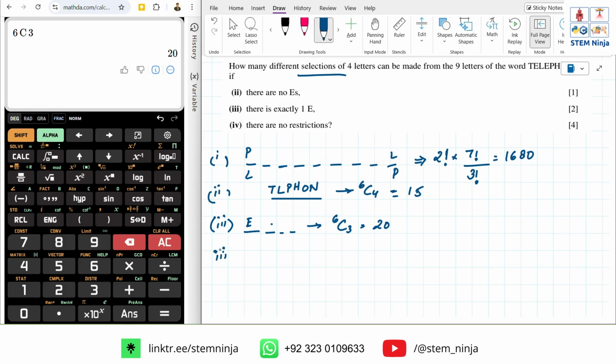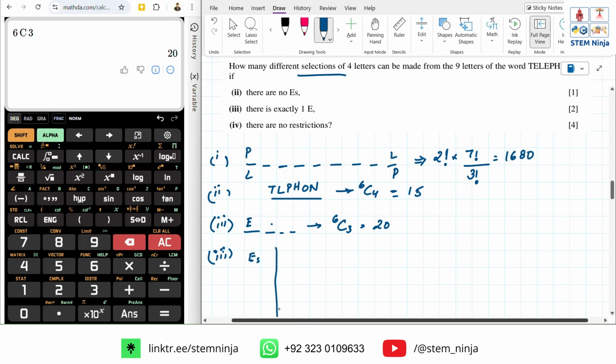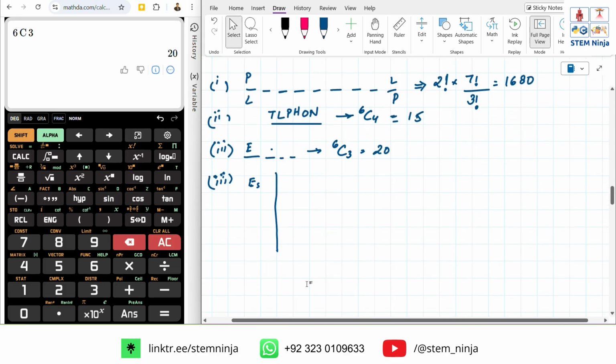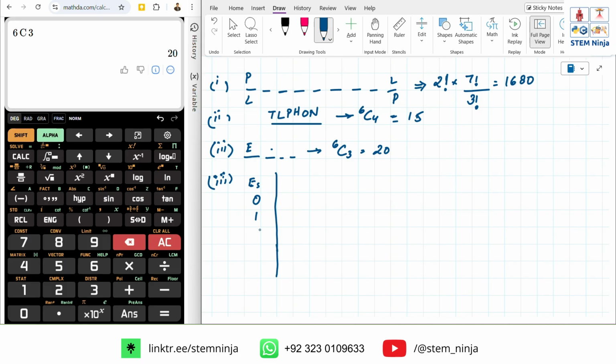possibilities, depending on the number of E's. So you can have 0 E's, 1 E, 2 E's, and 3 E's. Now we will see the combinations themselves.